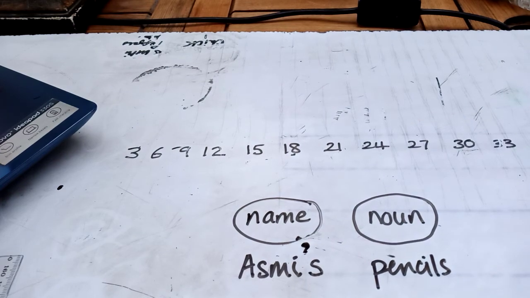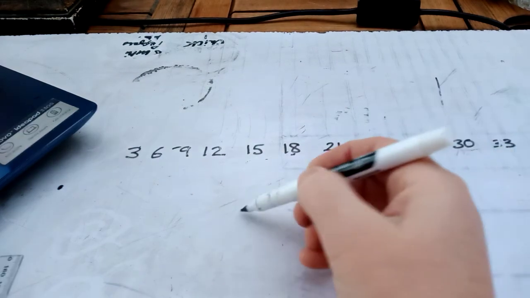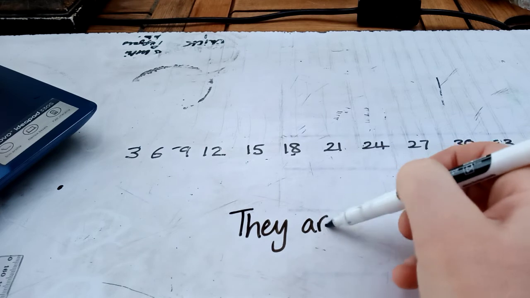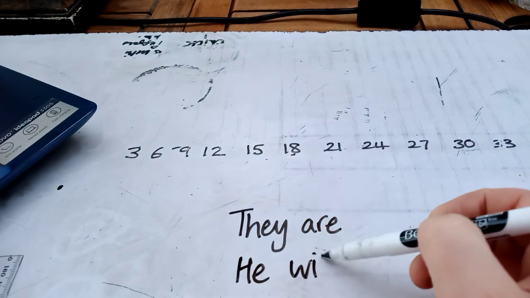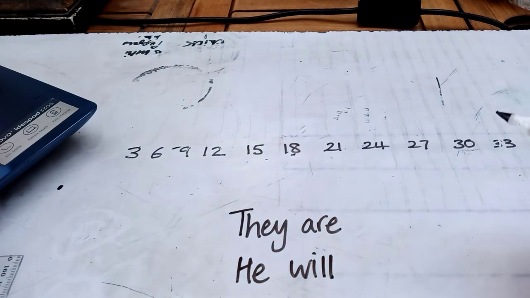There's another type of apostrophe that isn't to do with names or nouns. This apostrophe is the apostrophe for omission. That's next. Sometimes when we say something like this in English, they are, or he will, we use an apostrophe to show which letters are missing, which letters are omitted.